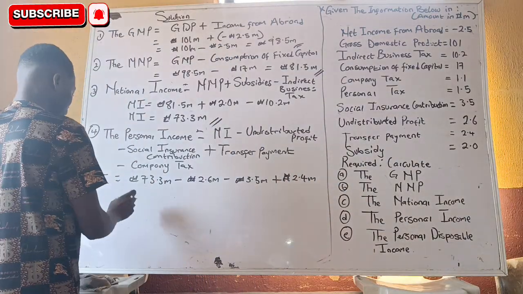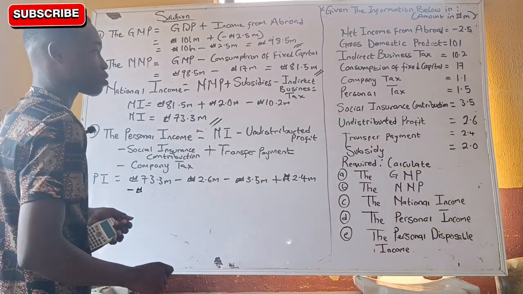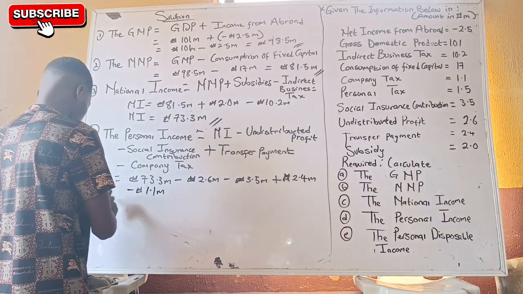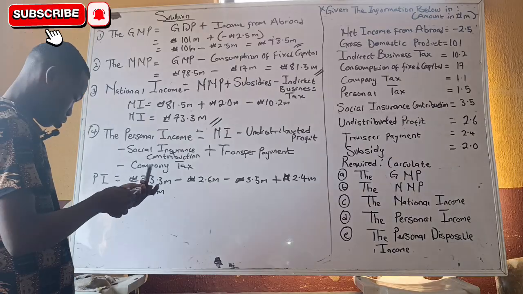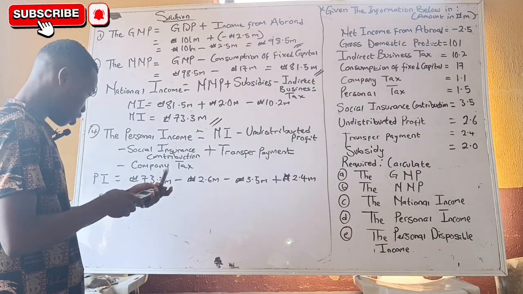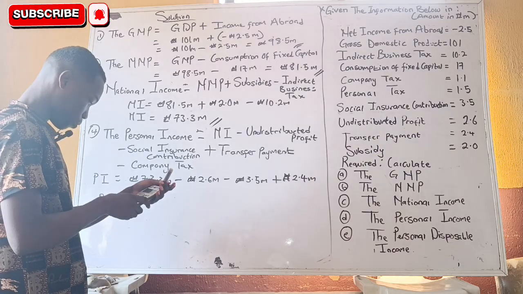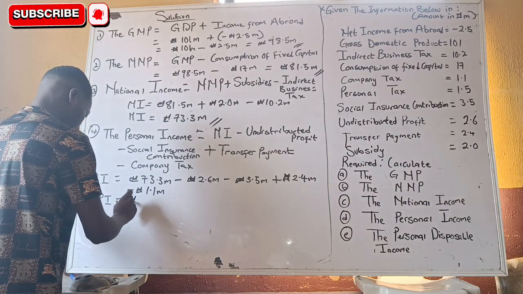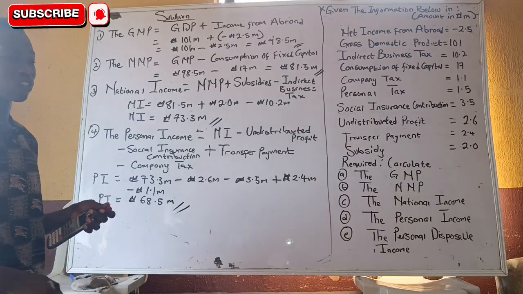Then minus company tax, that is 1.1. So PI is equal to 73.3 minus 2.6 minus 3.5 plus 2.4 minus 1.1. So this gives us 68.5, which is our personal income.